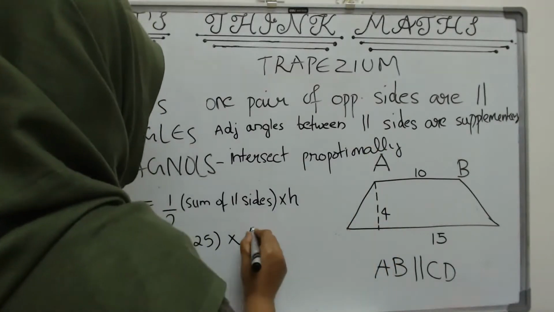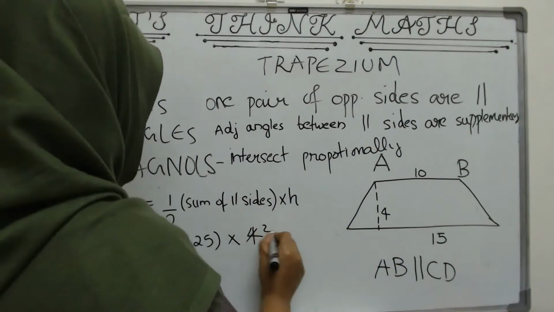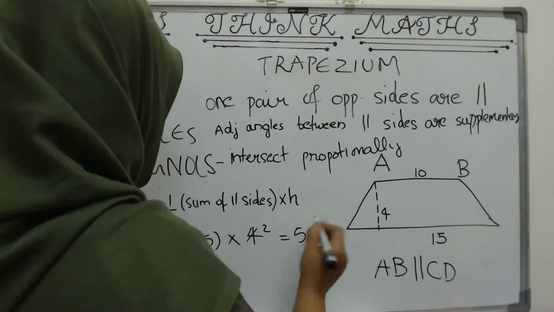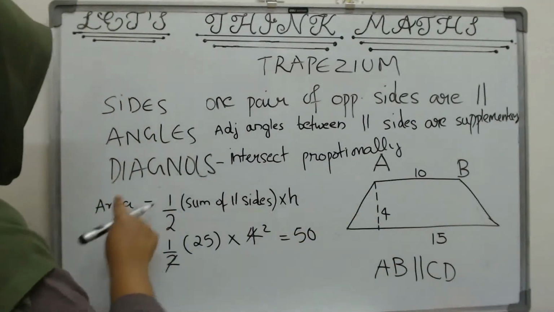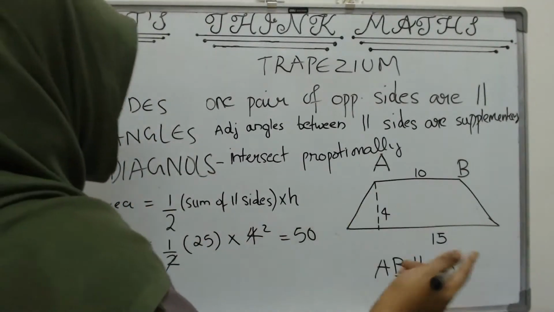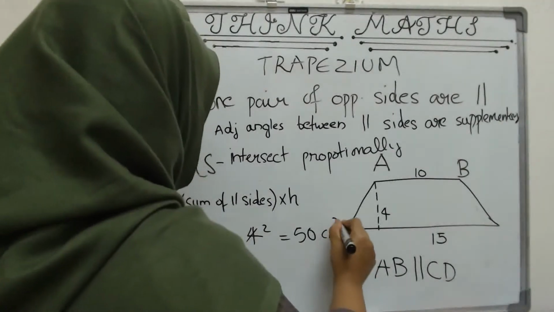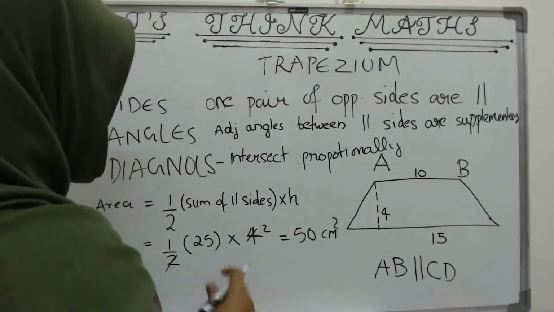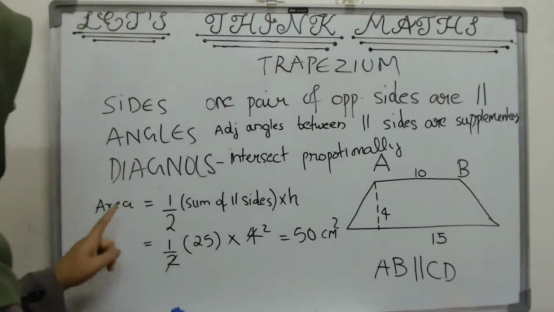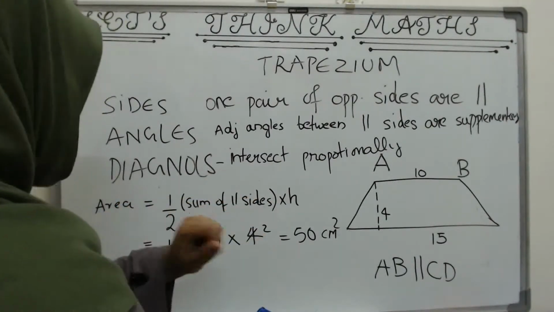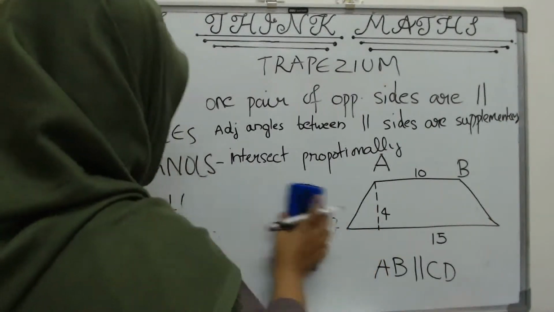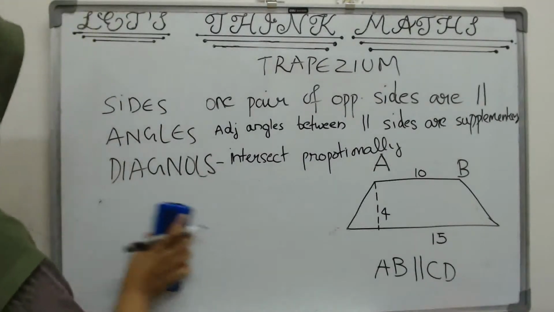The height is 4. So that means, cut, it is 50, and always remember the unit of the area will always be square units. It will be centimeter square, meter square, things like that. So this is how you find the area of the trapezium. It's not needed here, but I just thought I will mention it here.